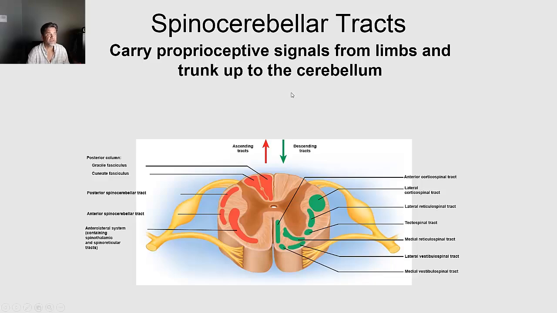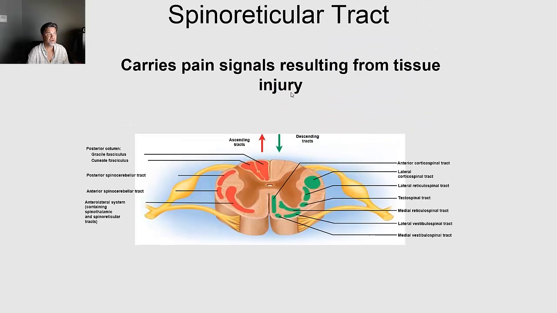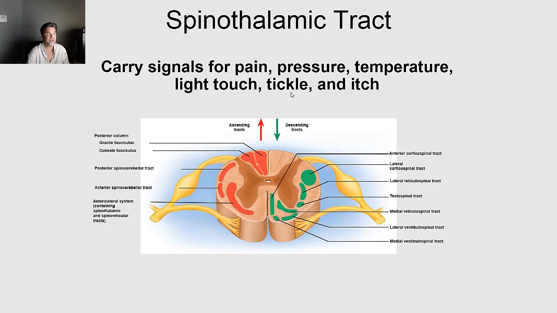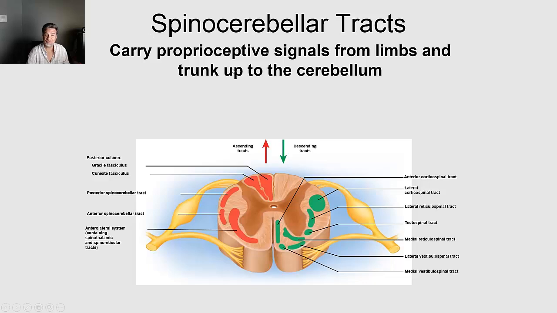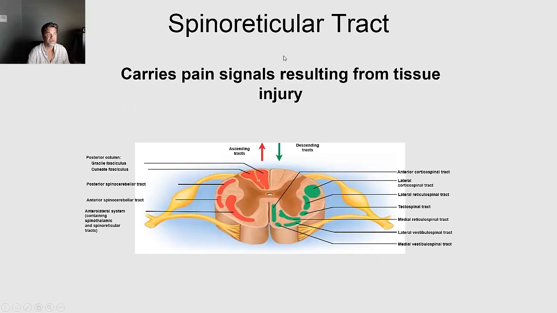Now you may notice with these last three tracts, we had spinocerebellar, spinoreticular, spinothalamic. What's common among all these is they all begin with spino, and this is how they're named. They're named for where they begin at. And then the suffix will be the term for where they end up at. So this ends up in the region, the cerebellum.